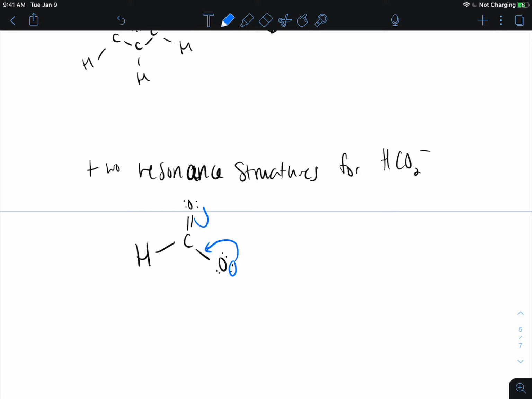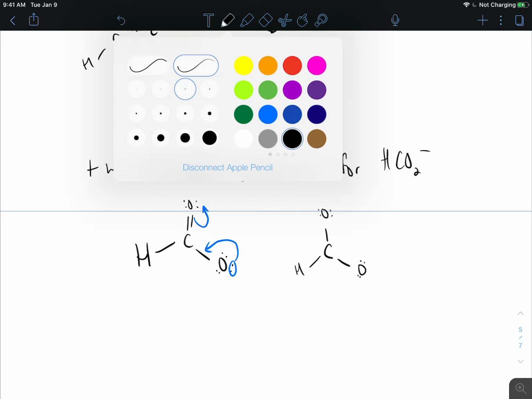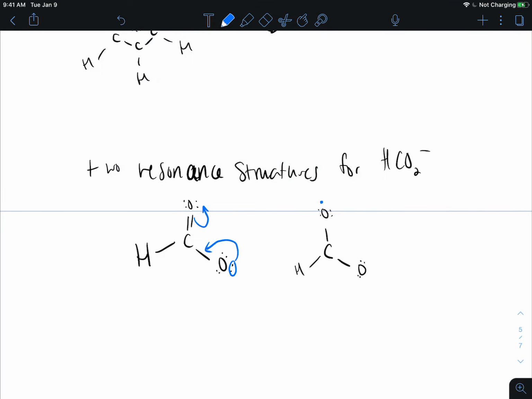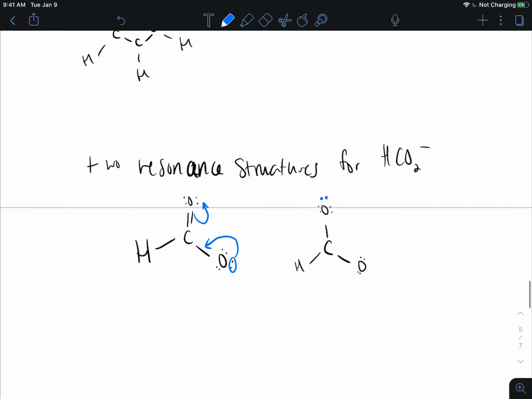So we need to move these like so. And what we get is that pair of electrons going right there, that pair of electrons going there, and while we formerly had a negative charge here, we get a negative charge here.